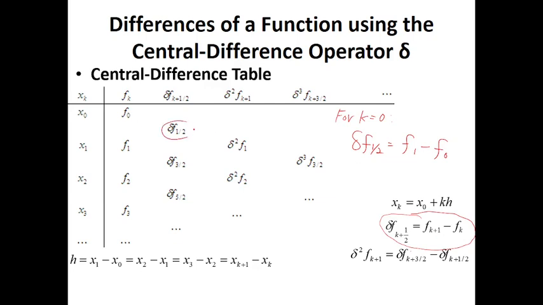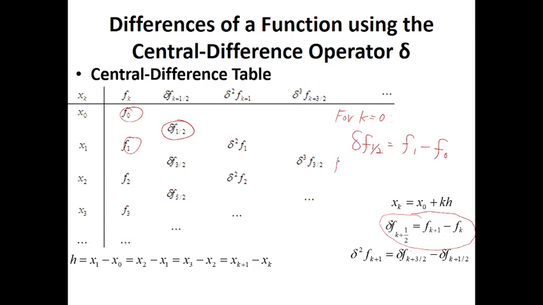So to determine the value of the first differences of this function for k equals 0, we have f sub 1 minus f sub 0. That's the procedure and how to do it.